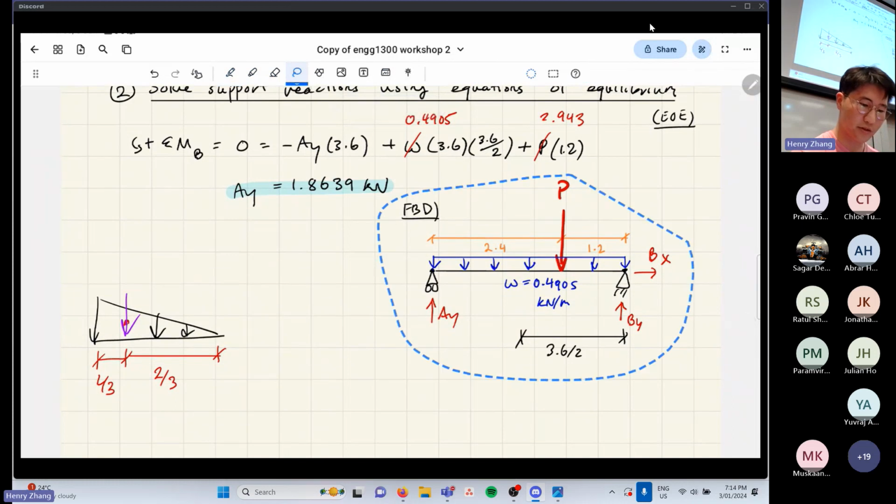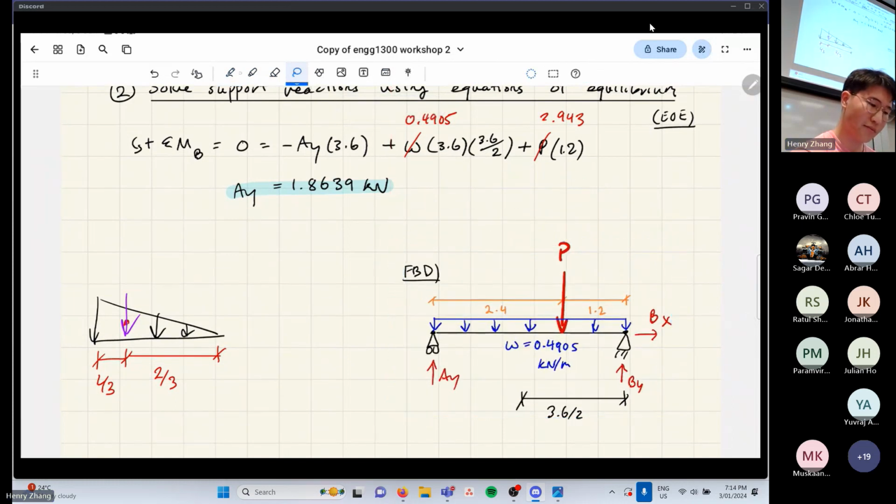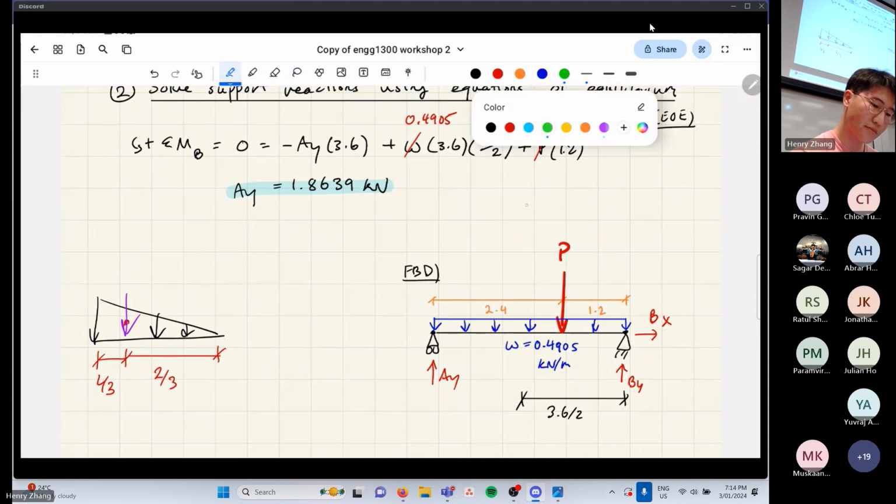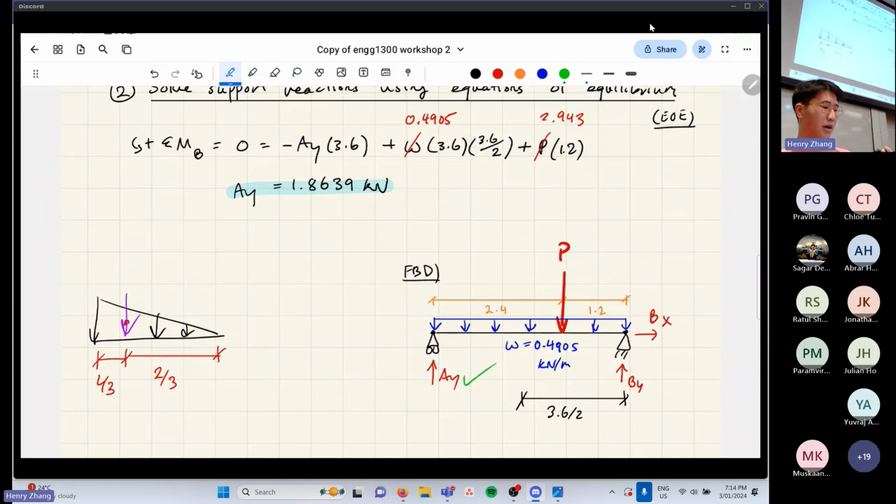Yeah, so looking at our free body diagram, we've got AY. Now we don't have BY and we don't have BX, right? So you can actually solve these in either order. You can also solve BX in either order because there's actually no horizontal loads acting on this beam.